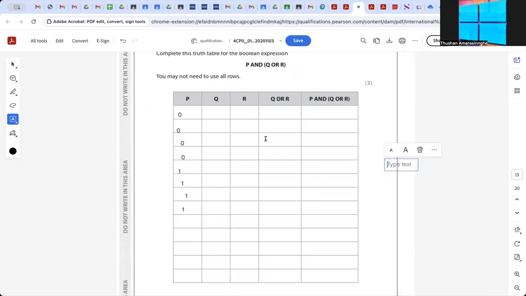Yes, that's correct, but align them properly in your writing. Now for Q, we did 8 divided by 2, now it's 4 divided by 2.